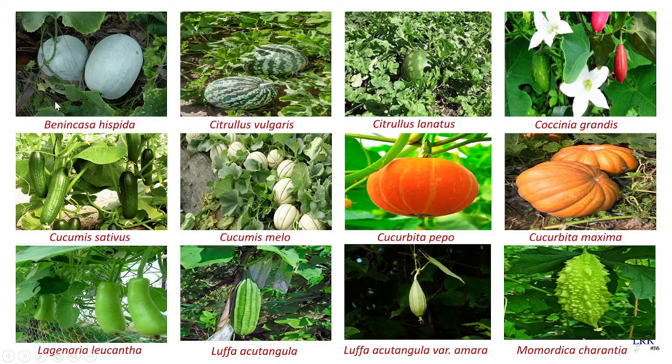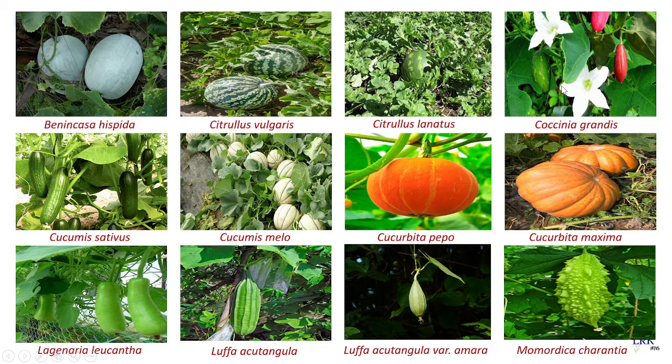See, this is Benincasa hispida, which is also called Budida Gummadi in Telugu and Petha in Hindi. Citrullus vulgaris is commonly called Puchakaya, in English it is called watermelon, and in Hindi it is Tarbuz. Citrullus lanatus is Chedu Puchakaya or Tarbuz, we call it Tarbuz in Hindi.